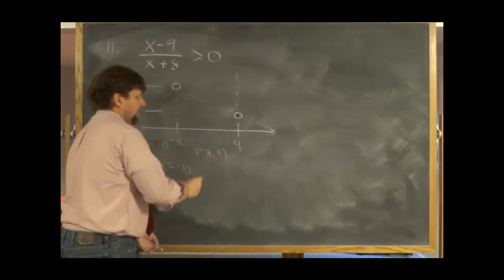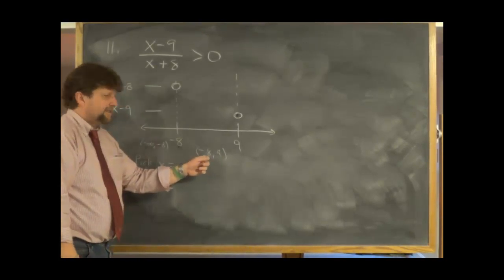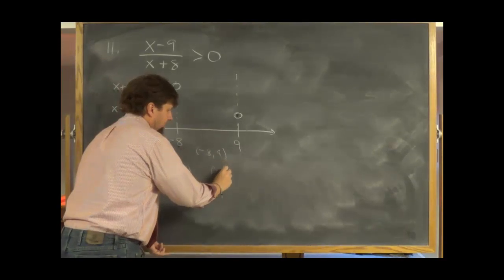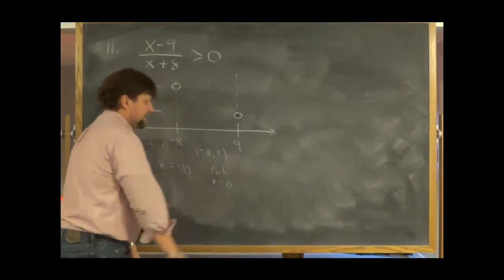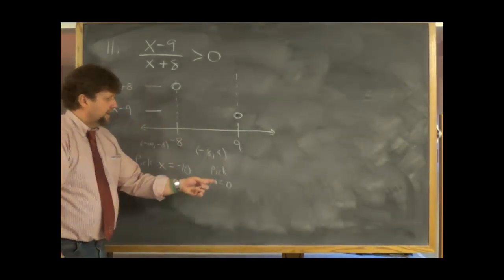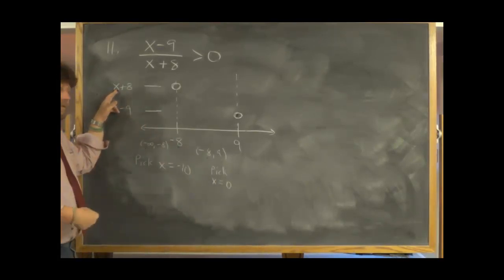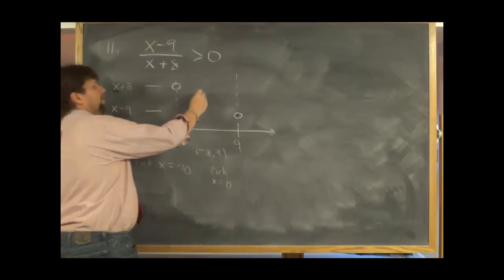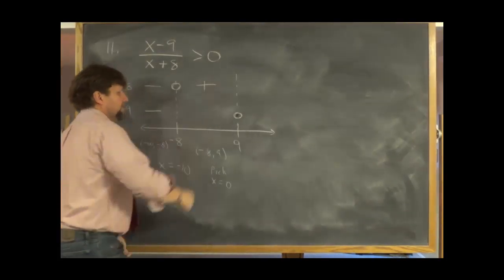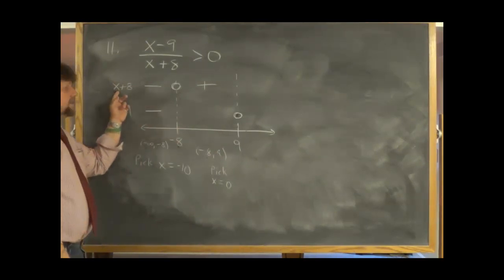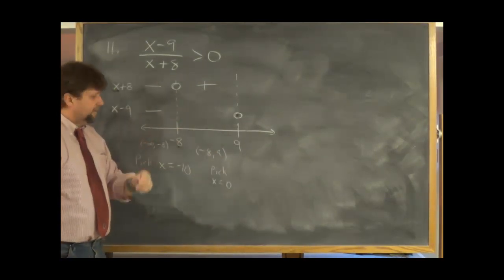I move to the next interval, negative 8 to 9. I pick a number that I know is definitely in this interval. I would pick x equals 0. I go through the same process and put 0 in for x. What kind of number comes out, positive or negative? Well, a positive number comes out for x plus 8. So no matter what number I pick in this interval, a positive number will come out.